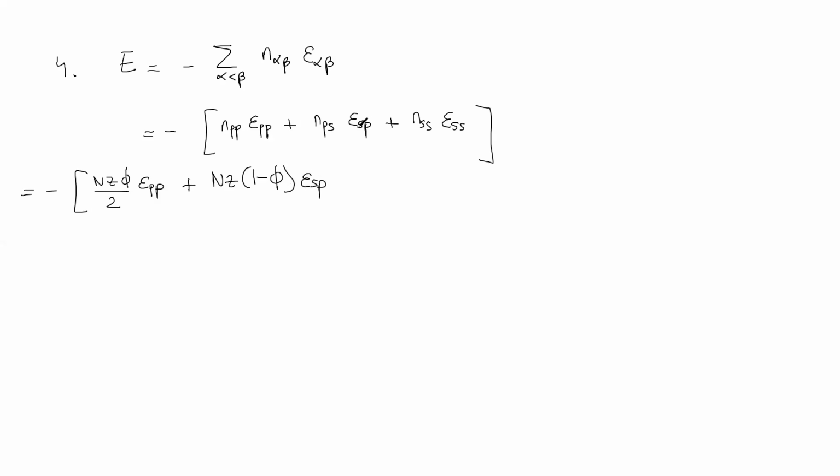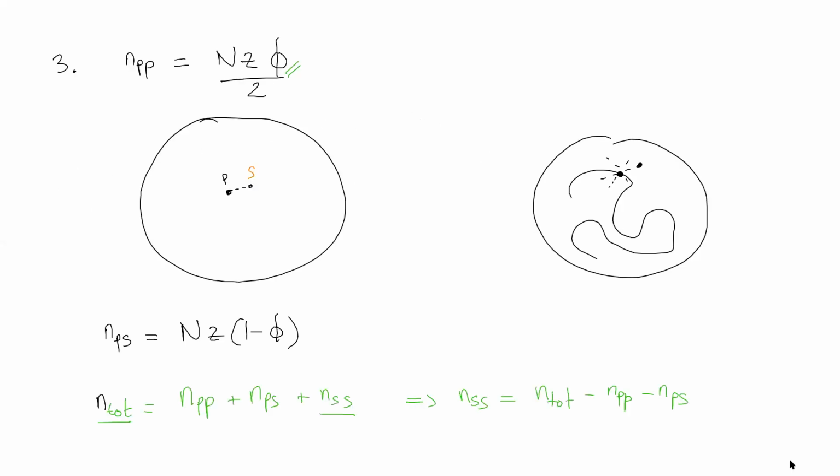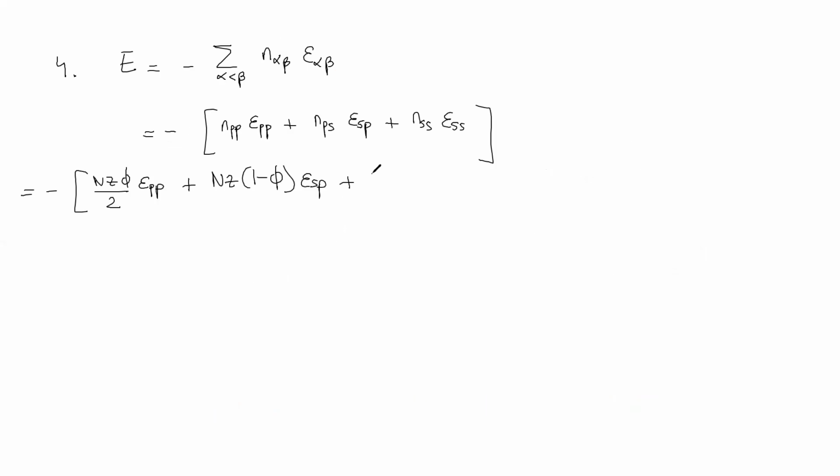And I pay this price. In fact, now I have NSS, which is N tot minus NPP minus NPS. Sorry, NSP.